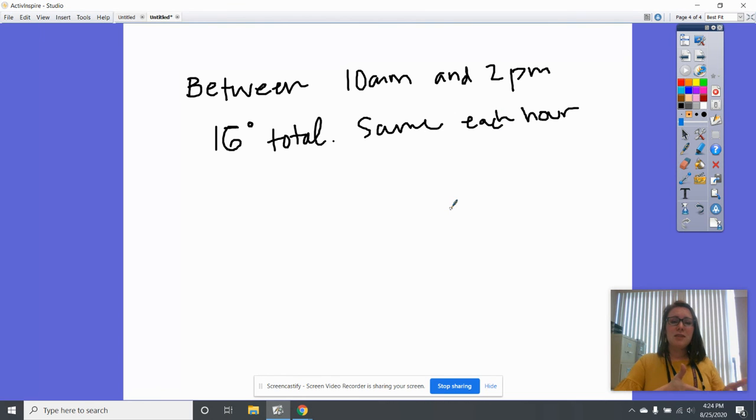Well, now this is something that's repeatedly happening over and over again. Every single hour it's increasing by the same amount for a total of 16 degrees.